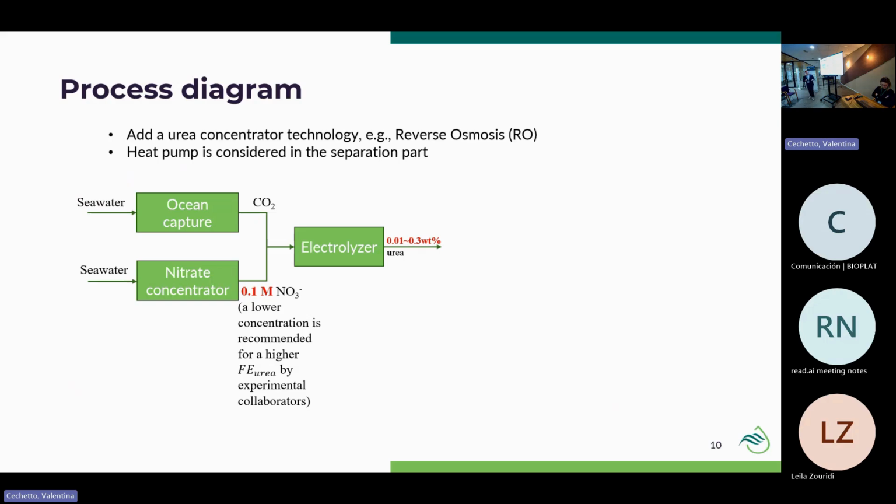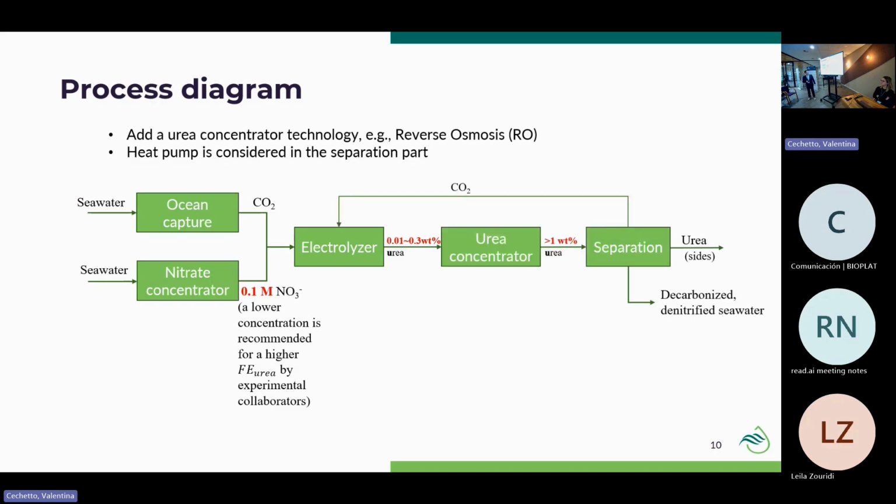So what we do is think about adding some concentrator technology for the urea, and also some heat integration technology, for example, a heat pump. So we add the urea concentrator technology by reverse osmosis. It's not just evaporation. We can use membrane technology, and this can reduce the energy consumption by 90%.